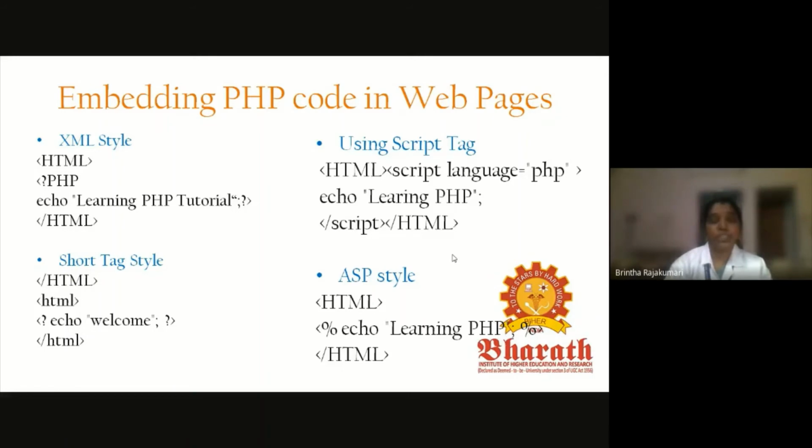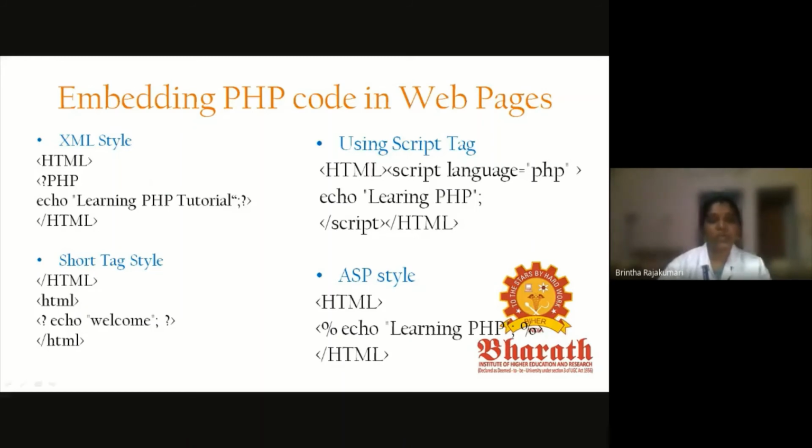So the first one is XML style. XML stands for Extensible Markup Language. Then the second one is short tag style. What is the difference between XML and short tag?